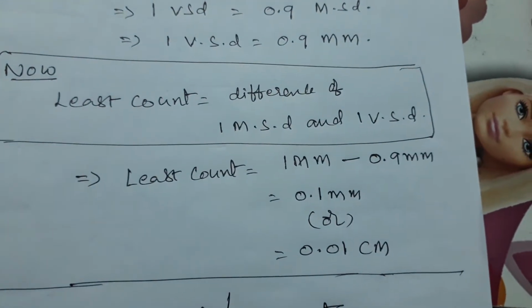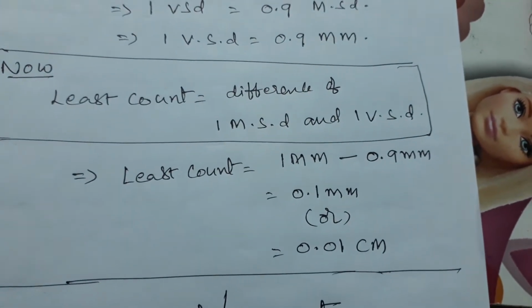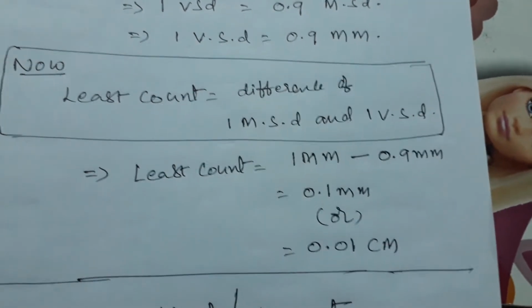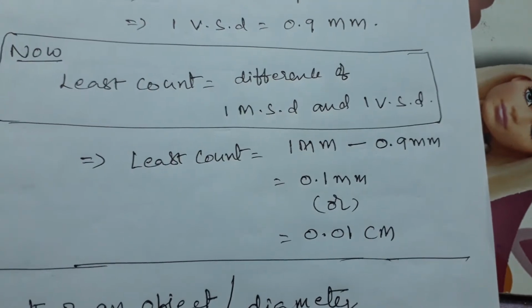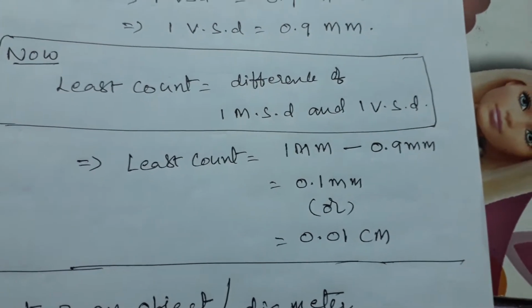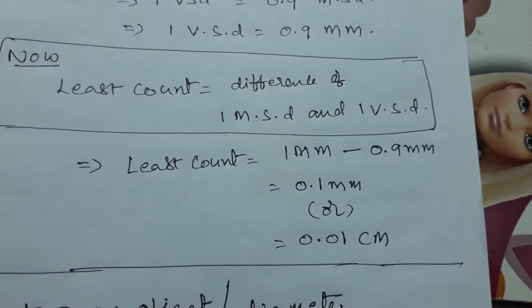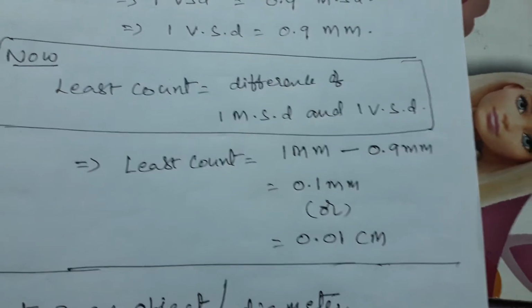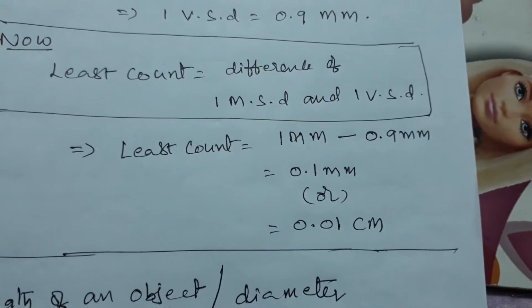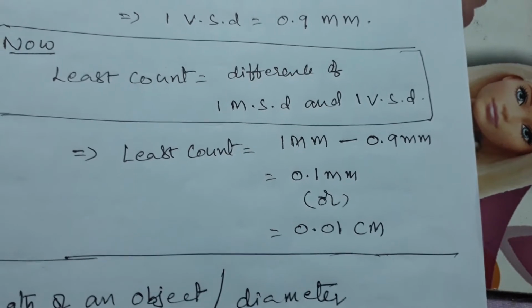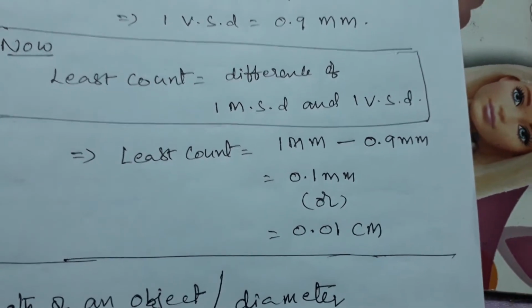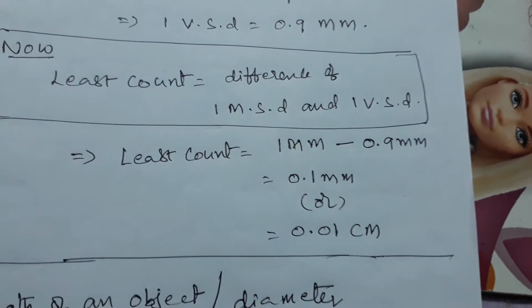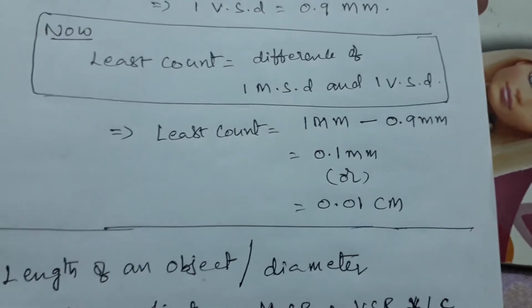The difference gives the least count: 1 mm minus 0.9 mm gives 0.1 mm. In centimeters, we can say 0.01 centimeters. This is about least count.